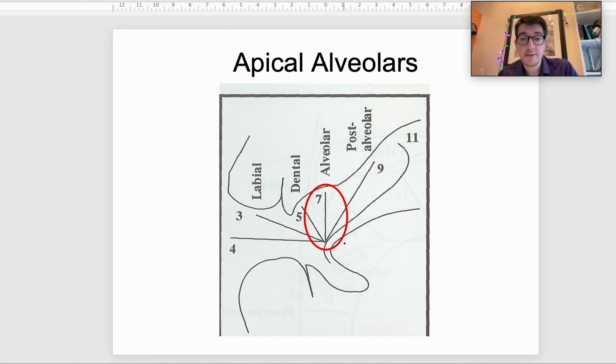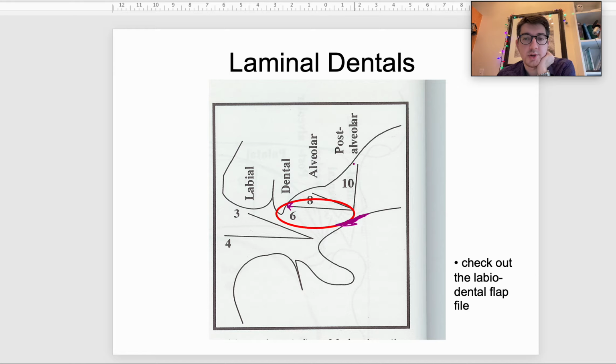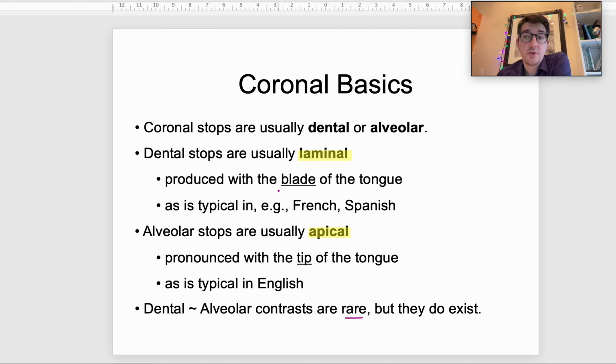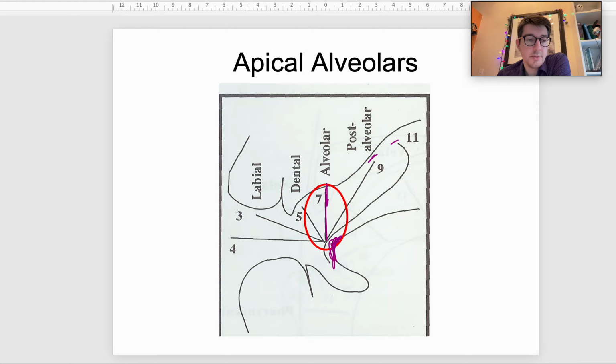Unlike dental, we have the tip of the tongue hitting the alveolar ridge here. Yeah, and you can have other spots that are hit with the tip of the tongue, such as post-alveolar spots right here, as well as post-alveolar spots that are hit with the blade, right? So generally we can have those sounds, but as I said, in general, normally alveolar stops are apical and dental stops are laminal.